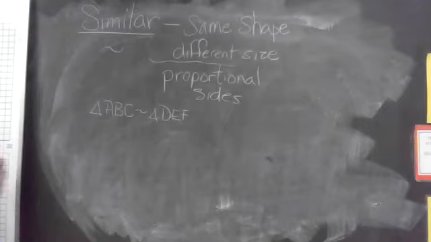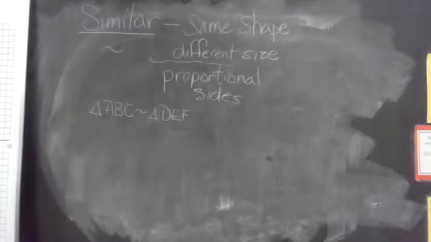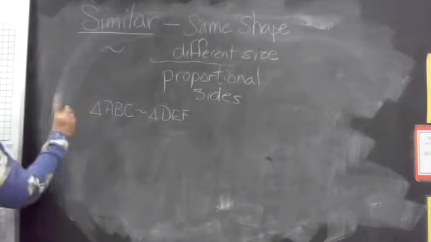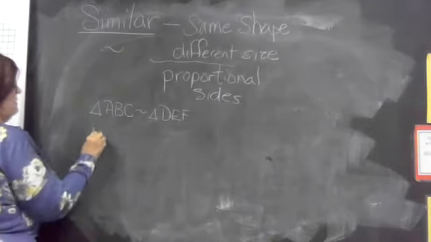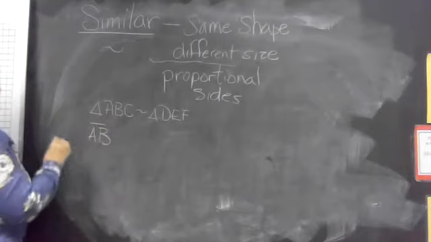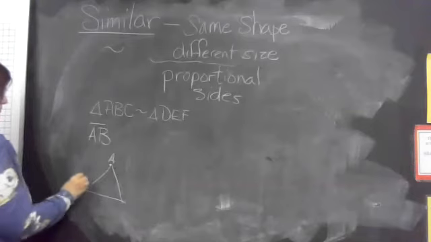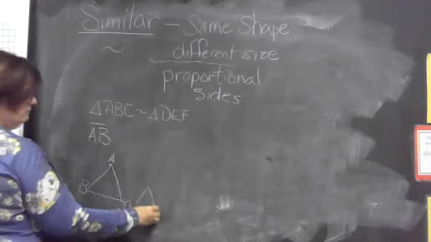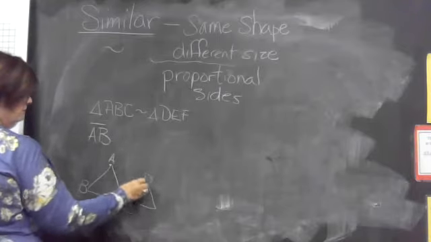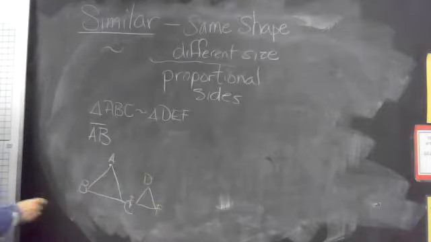Then it is also important how you write this, because the order that you write the letters in tells you which sides go together. Here are your triangles.